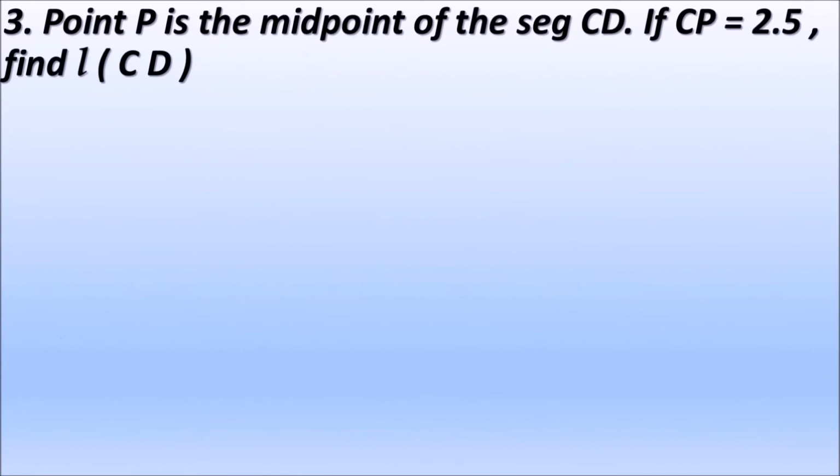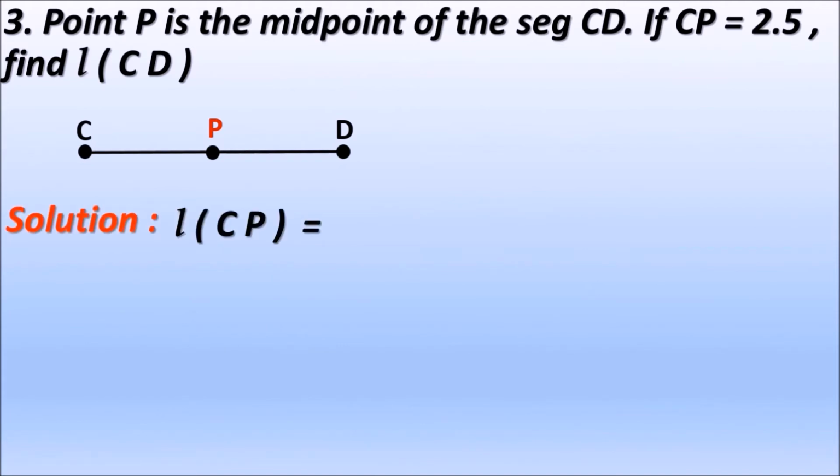Now here we have the next question, question number 3. Point P is the midpoint of seg CD. If CP equals 2.5, find length CD. We will draw the figure first. Here P is the midpoint of CD. What is given here? CP, how much is it? 2.5.